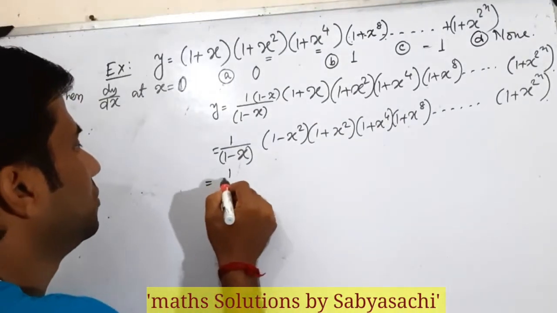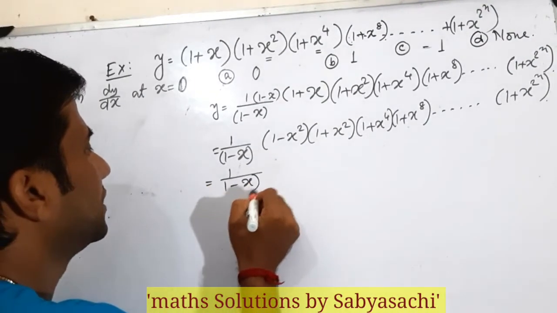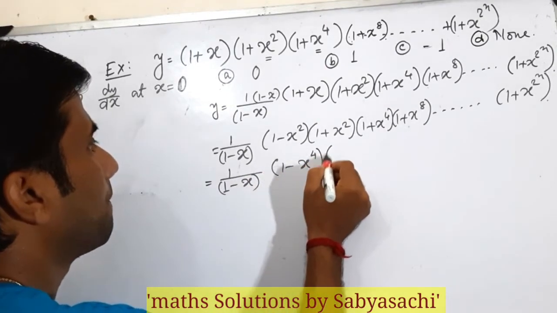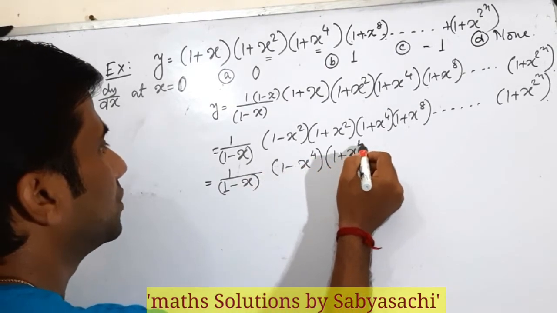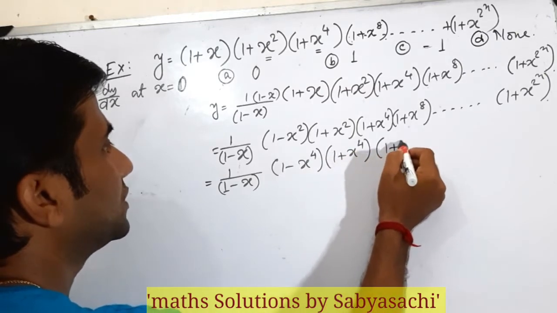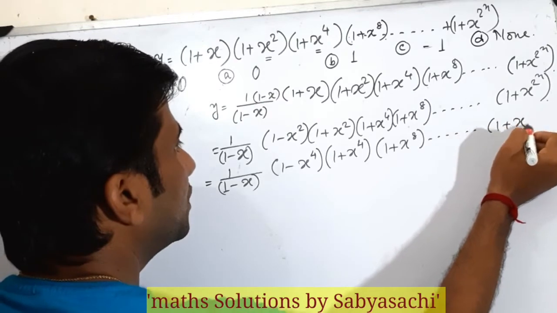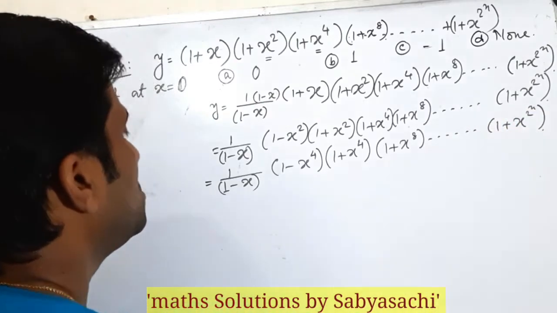So this is equal to 1 by 1 minus x into (1 minus x to the power 4)(1 plus x to the power 4)(1 plus x to the power 8) and so on up to (1 plus x to the power 2 to the power n).